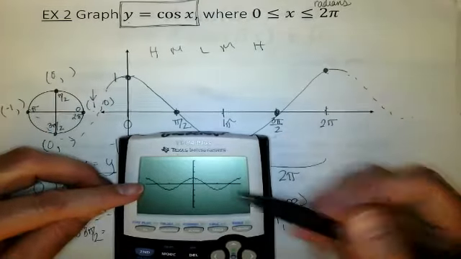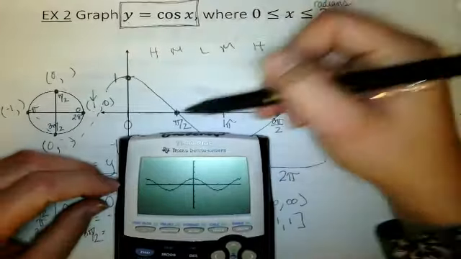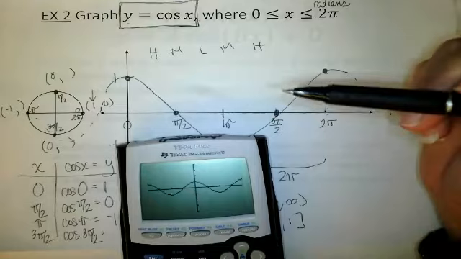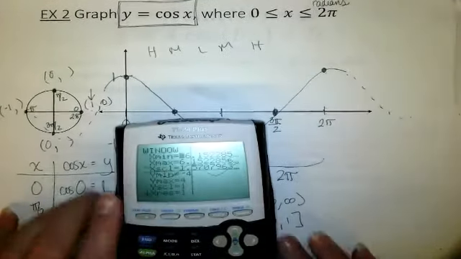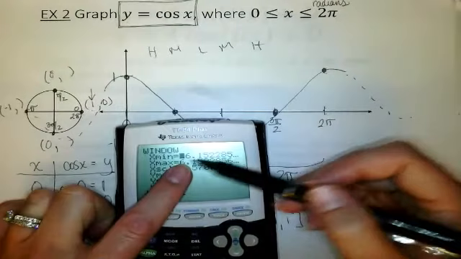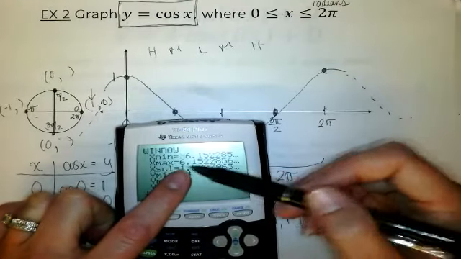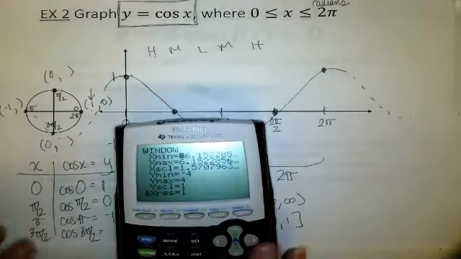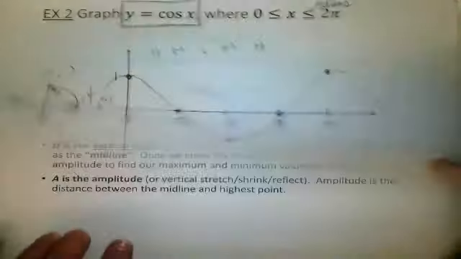This window on the calculator goes from negative 2 pi to positive 2 pi. And again, they're counting just like we are with pi over 2 as our little tick marks on our axis. You can see all that if you go to window. It's going from just about negative 2 pi, should be negative 6.28, to positive 6.28. It's very close. Okay. So we can do some graphing.